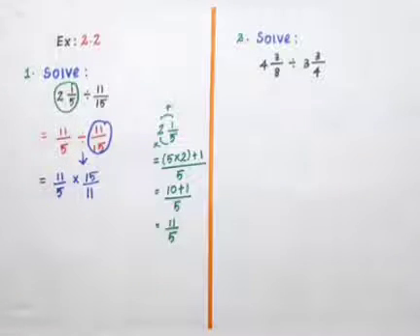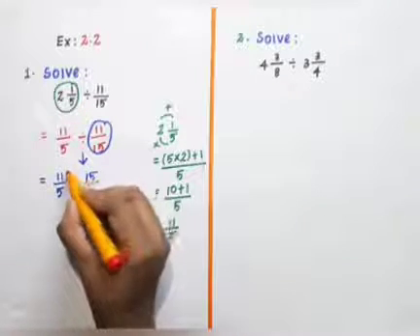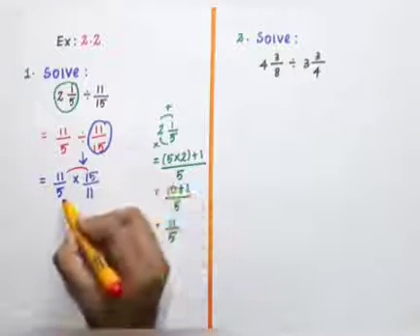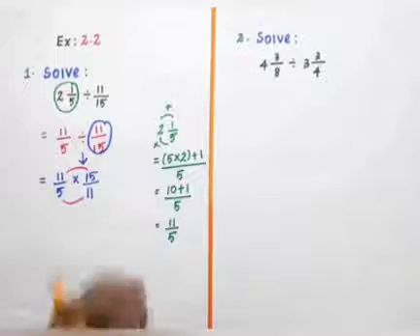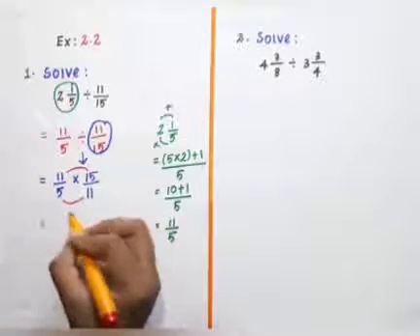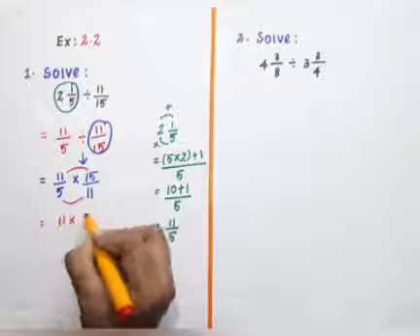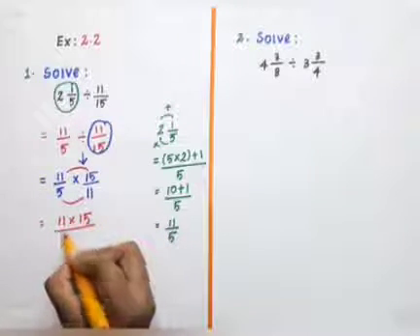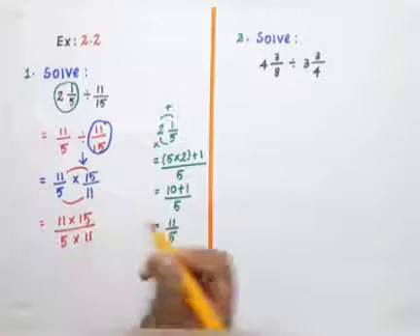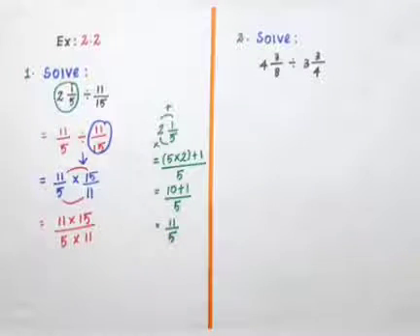According to the rule, the product of two fractions is equal to the product of their numerators divided by the product of their denominators. So 11/5 into 15/11 is equal to the product of their numerators divided by the product of their denominators. Now we simplify this.